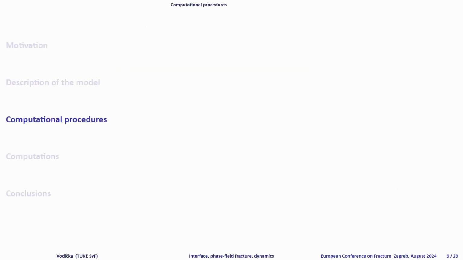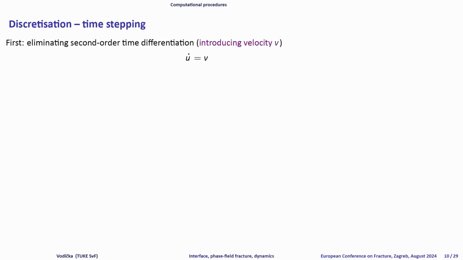Okay, now I spend a few words about the computational procedures used for solving that, because all calculations are made in an in-house MATLAB code, so at least you have an idea how it works. First, we wanted to use a numerical solution for time discretization suitable for first order equations in order not to have numerical attenuation.